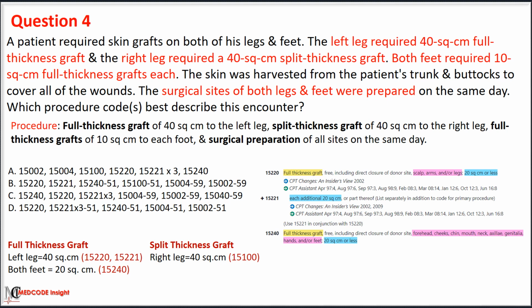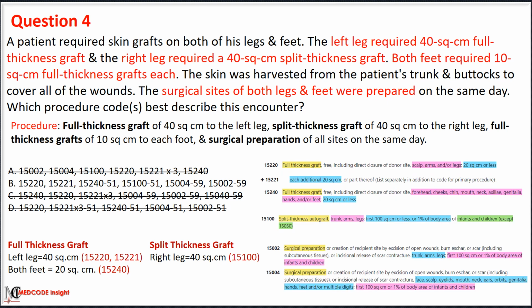The split thickness graft for the right leg is 40 square centimeter, represented by the code 15100. On the basis of size, first we will eliminate options A and C with codes 15220 and 15221 into 3. We will also eliminate option D based on different wound sizes and modifiers used with add-on codes.